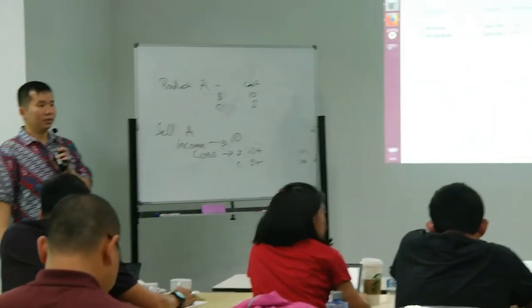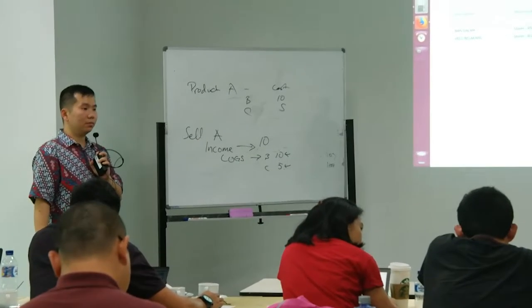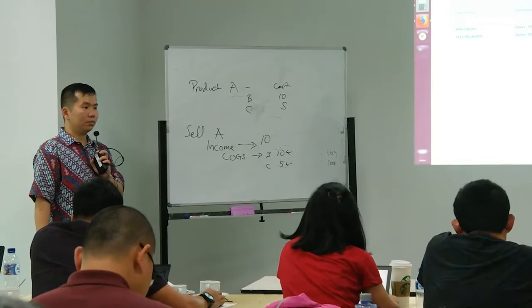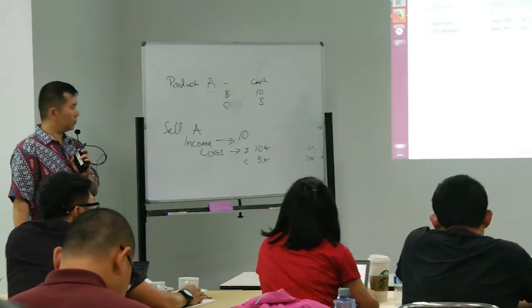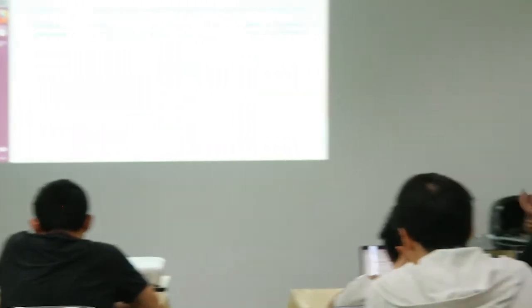So the built-in calculation will be, for example, if we sell a product A for 10, from the cost it is a 30% discount.